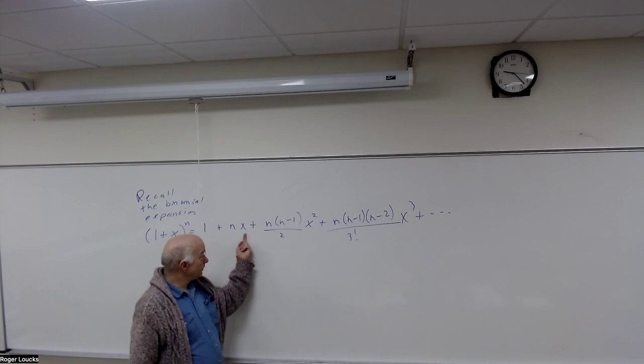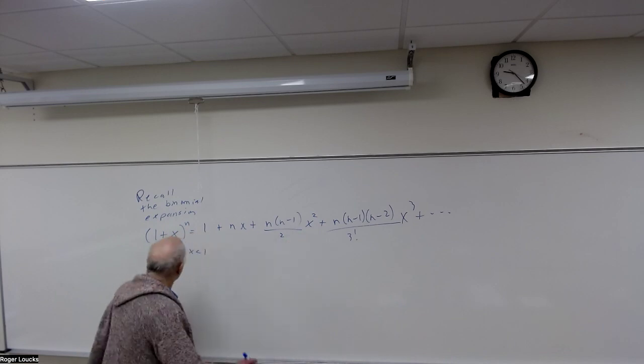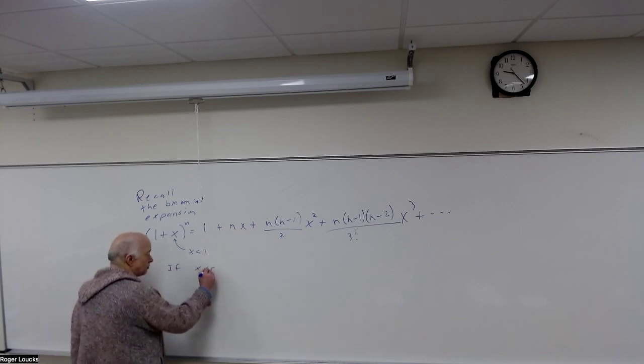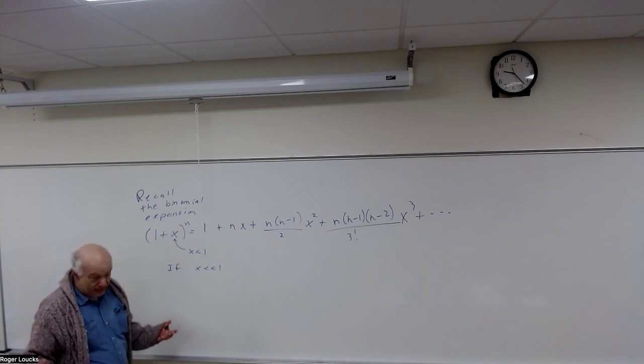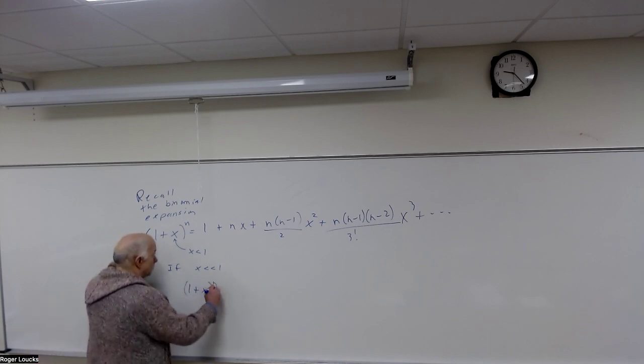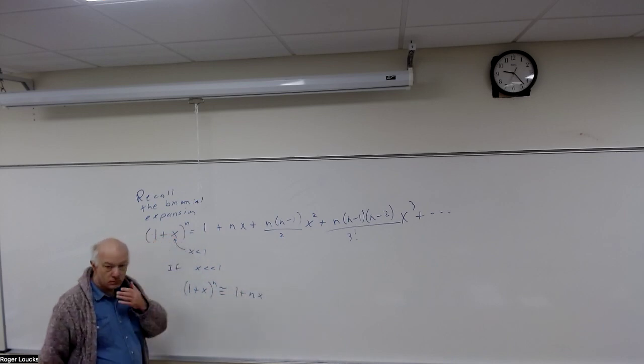Much larger. And this term's going to be significantly larger than this. So if this x is much less than 1, and we're often going to have that, this expression becomes approximately 1 plus nx.